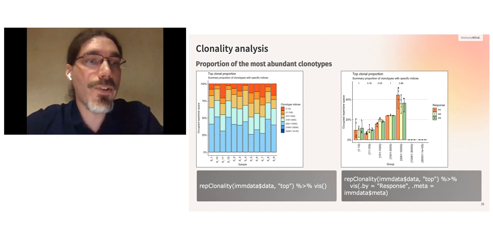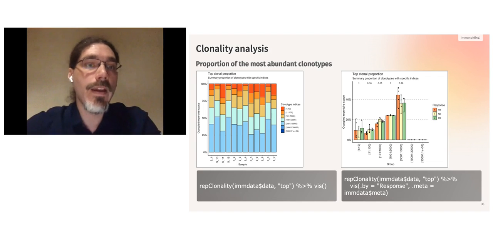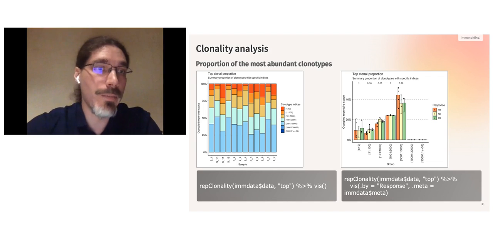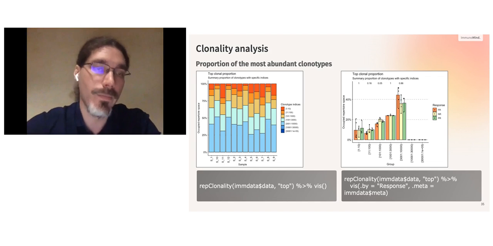So it means that the first 10 clonotypes occupy around 10% of the overall immune repertoire in sample one.